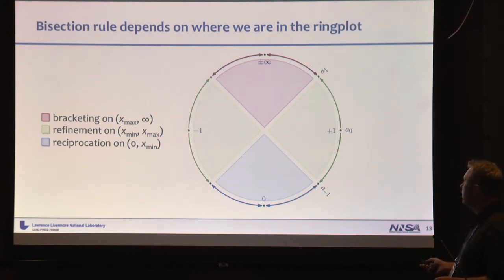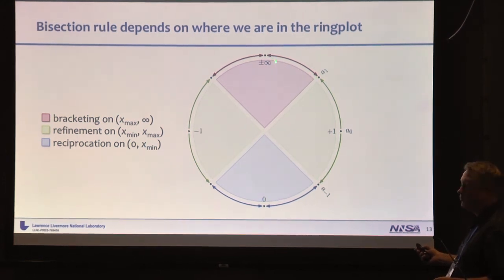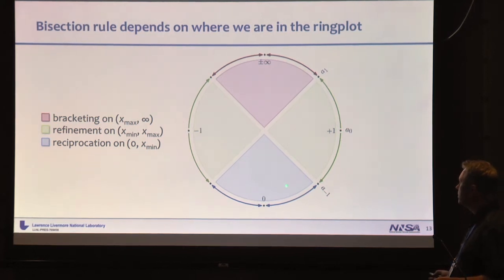As I do that, I introduce a new number. Now you'll see that we have this red region where the number is somewhere between the largest number that we can represent using 3 bits and infinity. At the bottom, you have corresponding numbers between 0 and the reciprocal of this largest number. So we're going to develop a bracketing rule up here, and then just reciprocate to get it down here.